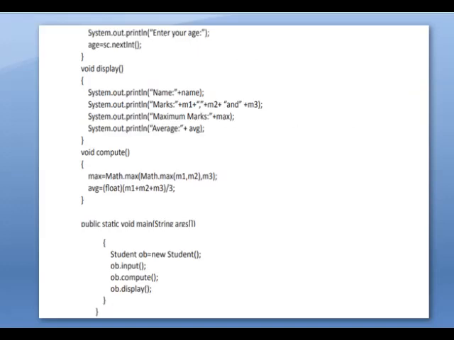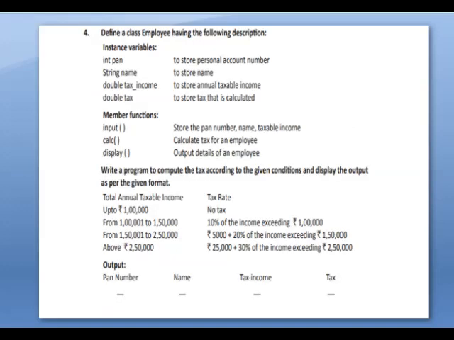Okay. So the next program is define an employee having the following specifications. These are the variables and variable data types given here. Here the functions are given. Here some rules are given. So if the annual income is up to 1 lakh, no tax.